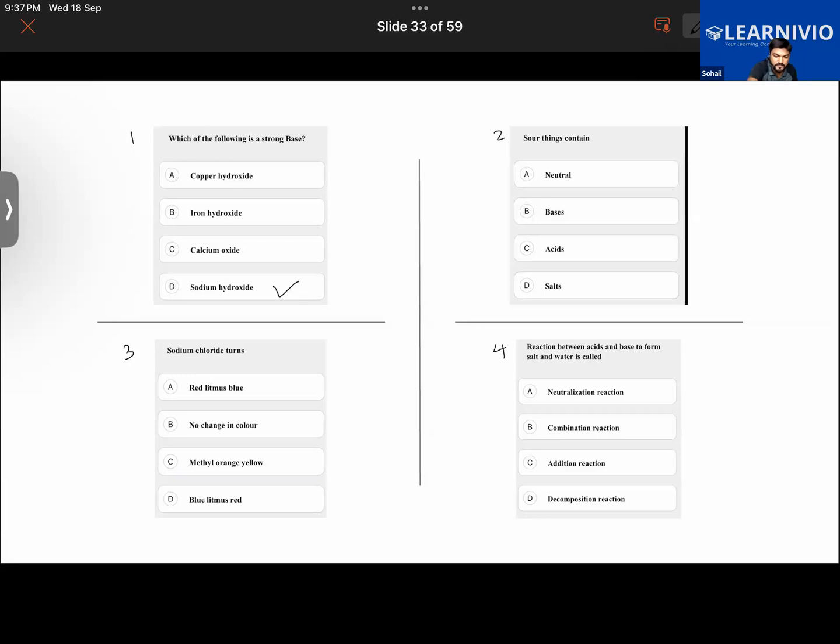Next. Acid. Sour things contain acids in them. Good. Sodium chloride.